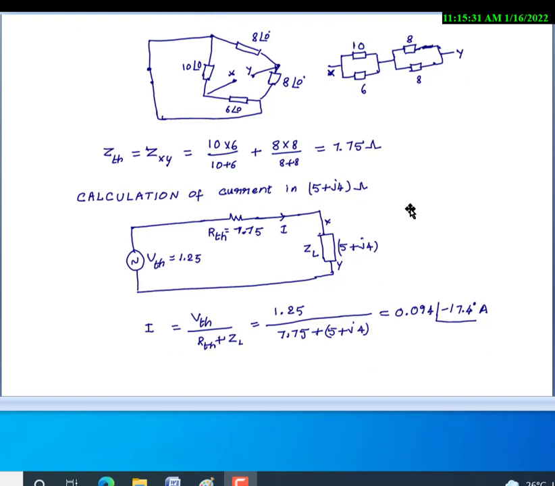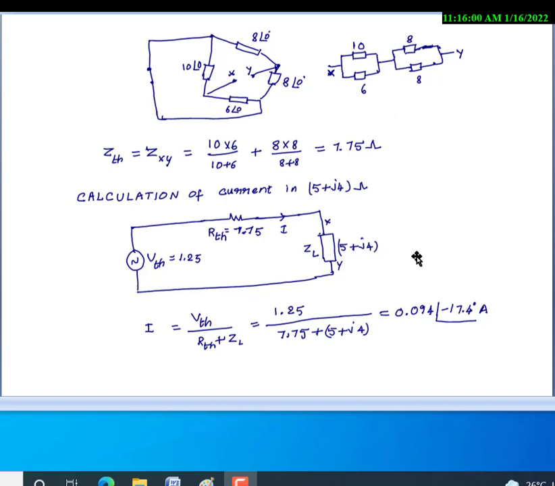Next step is drawing the Thevenin circuit in series with the load, that is 5 plus J4 ohms. V Thevenin we calculated as 1.25 volts, and that should be in series with R Thevenin, that is 7.75 ohms. This is called the Thevenin's equivalent circuit.